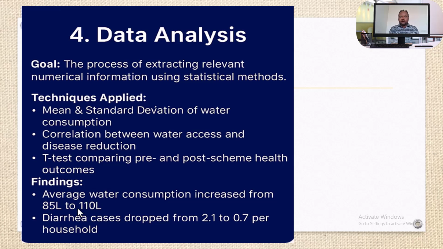We are comparing baseline survey output and the intervention output. 85 liters is the baseline output, whereas this 110 liters is the intervention program output. Now we are comparing before intervention and after intervention of the program, meaning the program is nothing but introducing the new water scheme to the region, right? So these were the numerical results obtained from this stage of analysis.